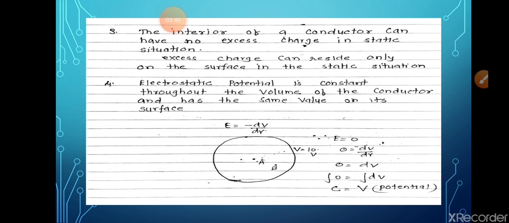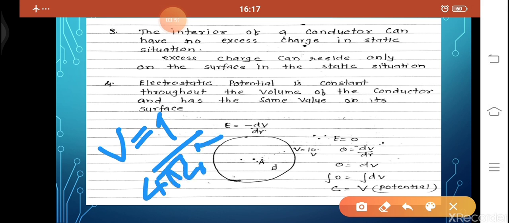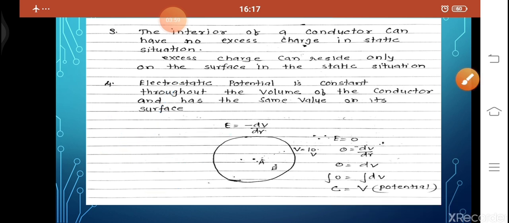From the definition of potential, V equal to Q upon 4 pi epsilon 0 R. What will we say? That the potential will be 0 if Q is 0. But this is not correct.